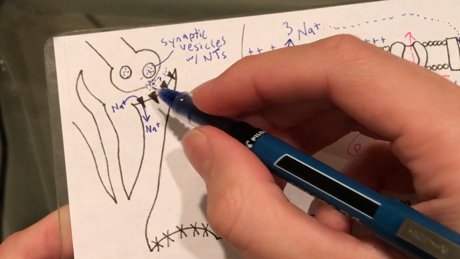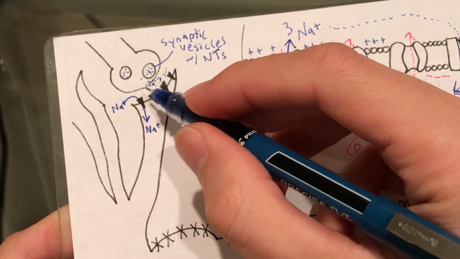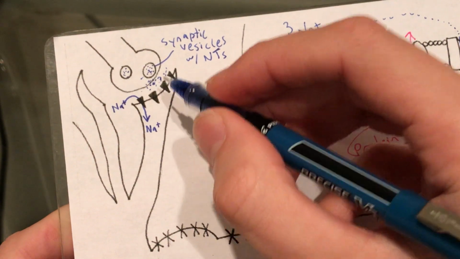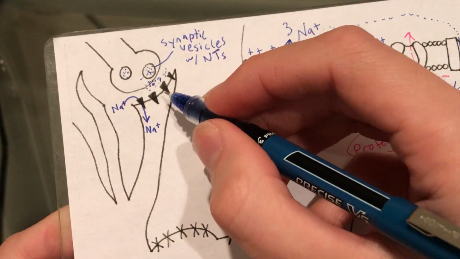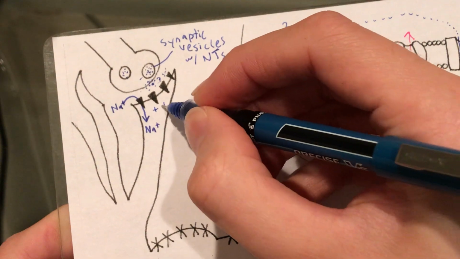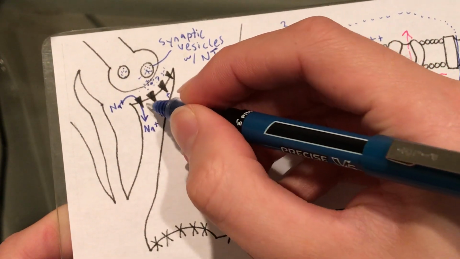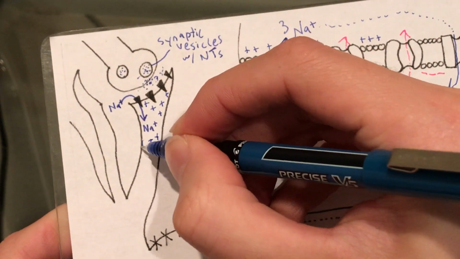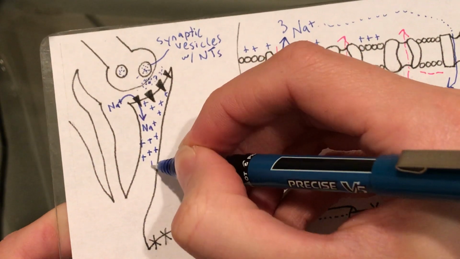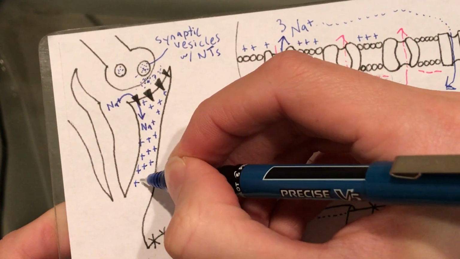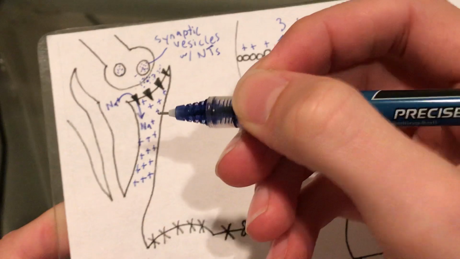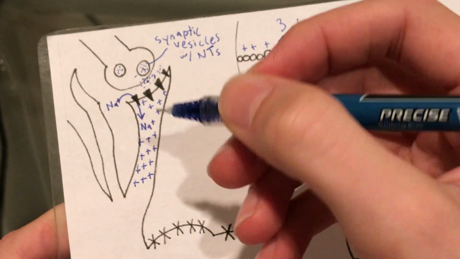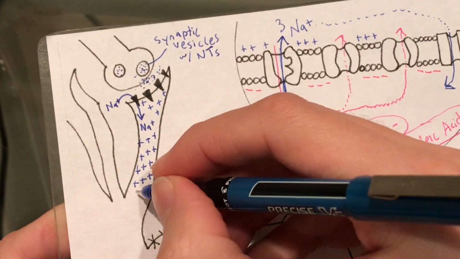Now, maybe you can imagine there's all this neurotransmitter. It's actually activating many of these ligand-gated channels. So we have lots of these positive sodium ions entering this dendrite over time. So I'm just going to summarize the sodium ions as this blue positive symbol.